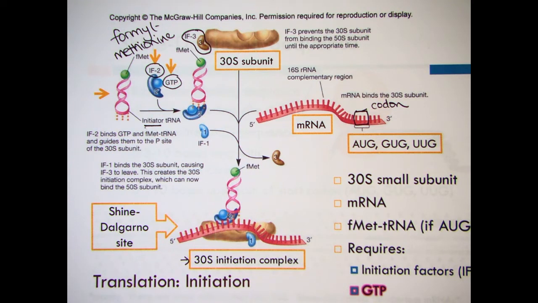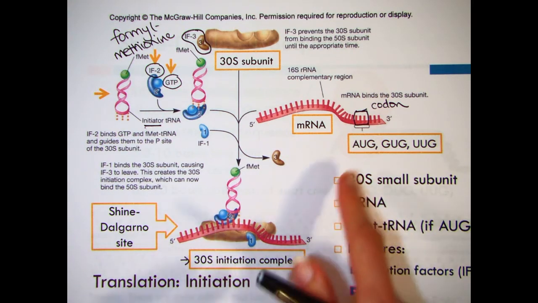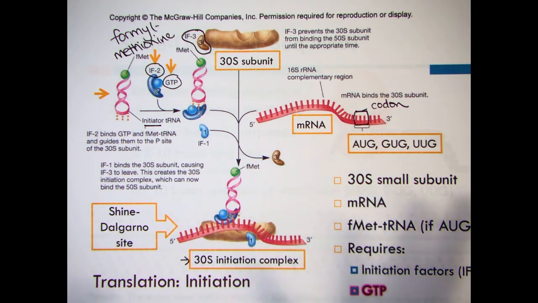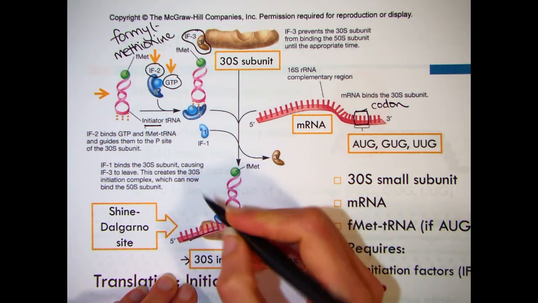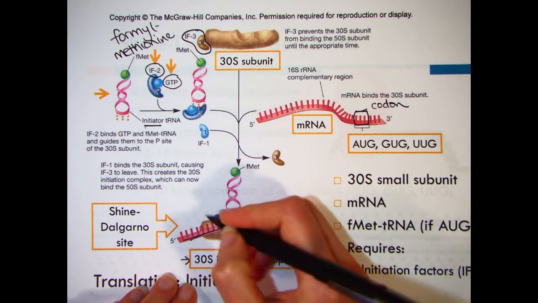So it's 100% possible that there could be other methionines somewhere else in the protein. So what is special about this particular AUG that the cell can know that it's supposed to be the first one?